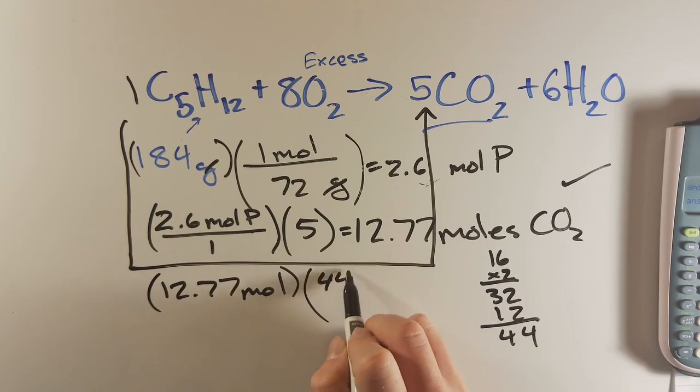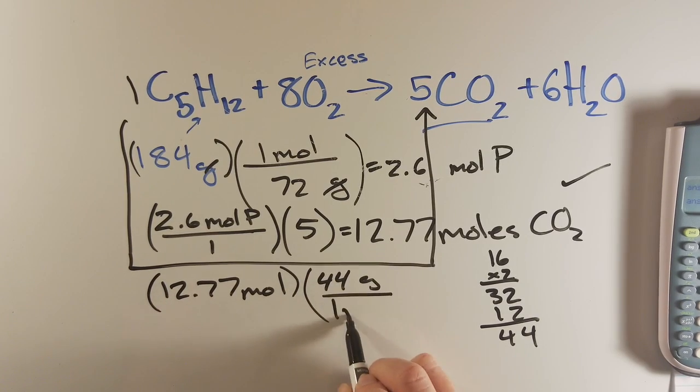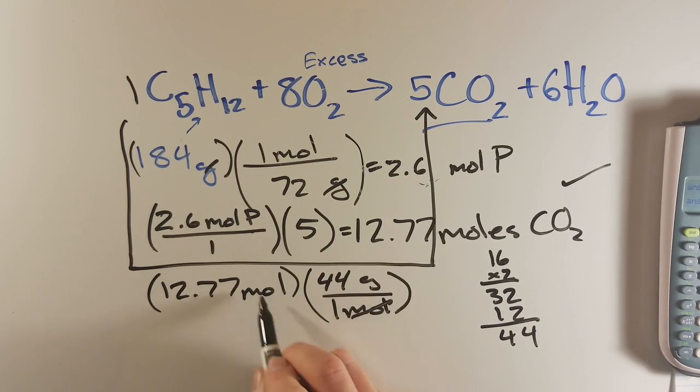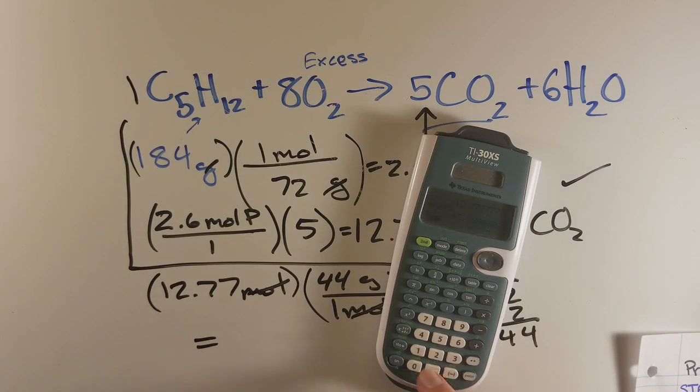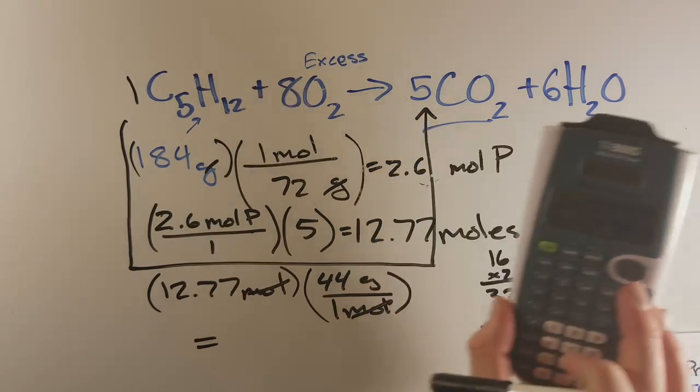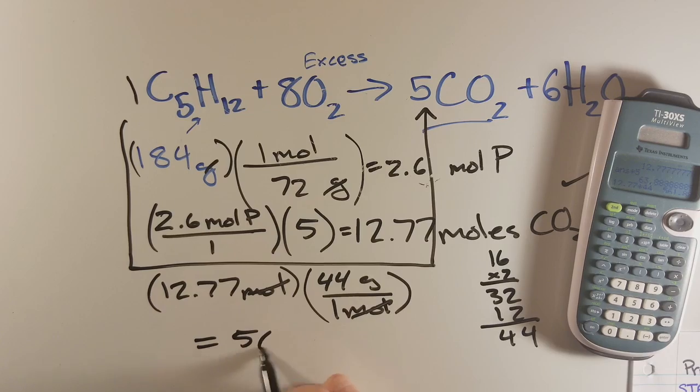So 44 grams per mole. Moles will cancel. And our answer is going to be 12.77 times 44, 561.9 grams of carbon dioxide is emitted in this combustion reaction.